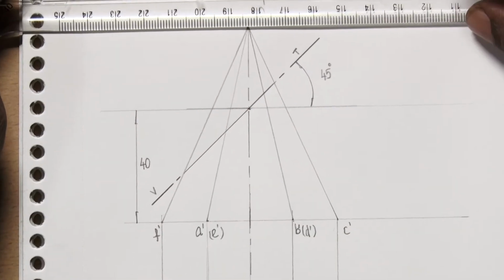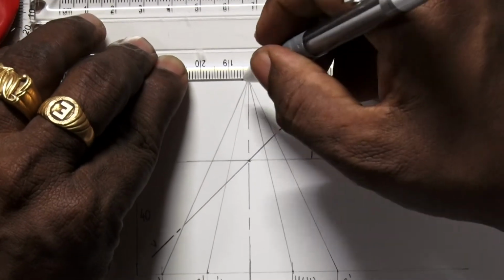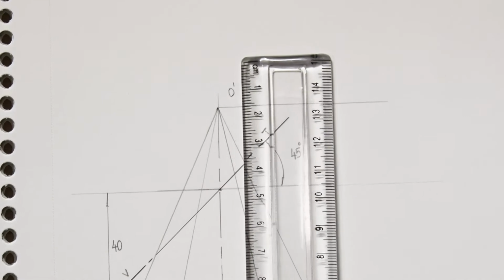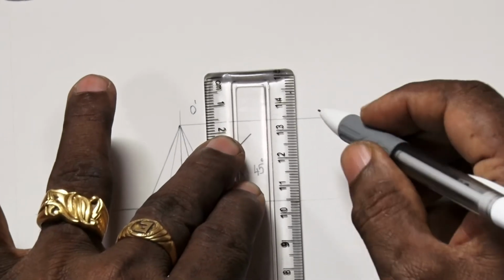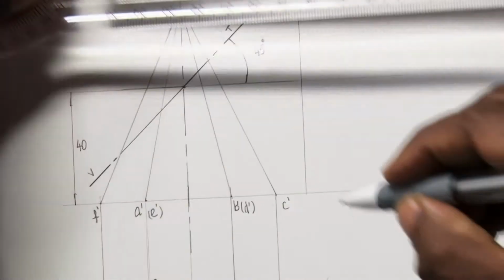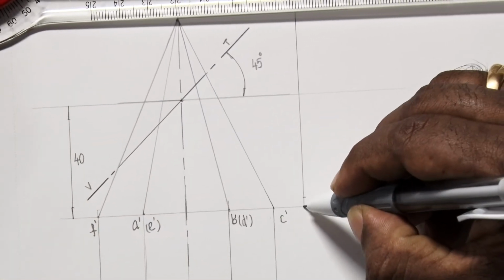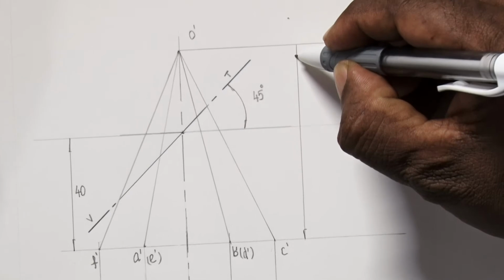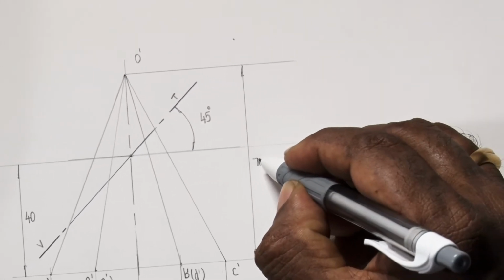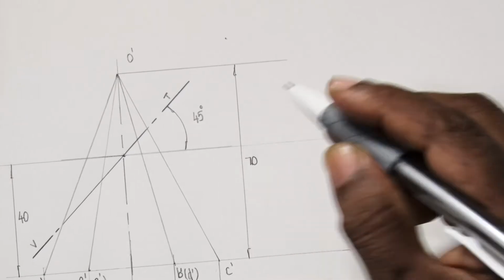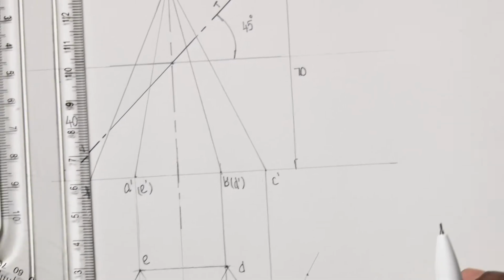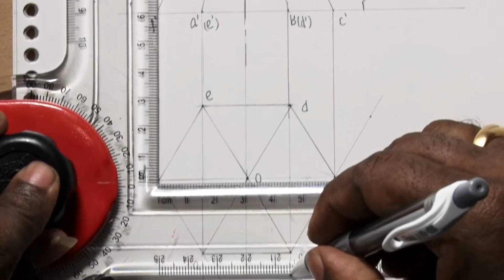The height of the pyramid is given as 70 mm. Then the base side is given as 30 mm. So we take 30 mm here.